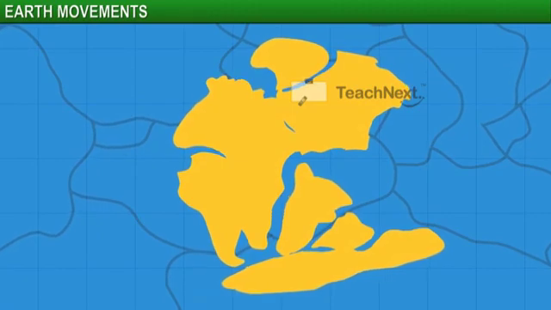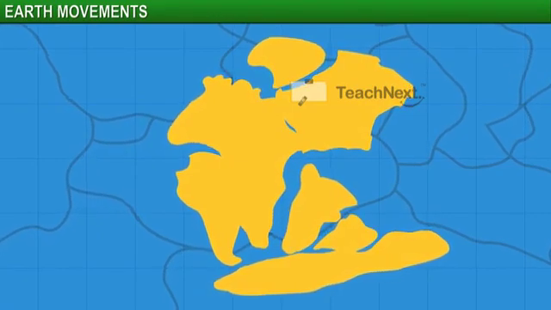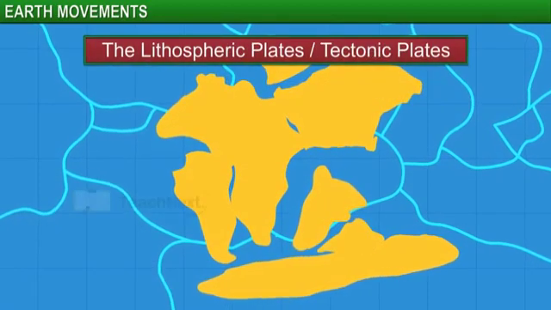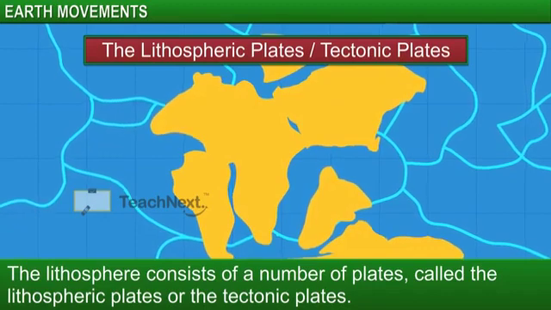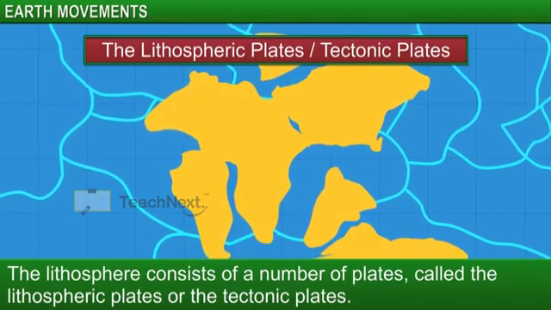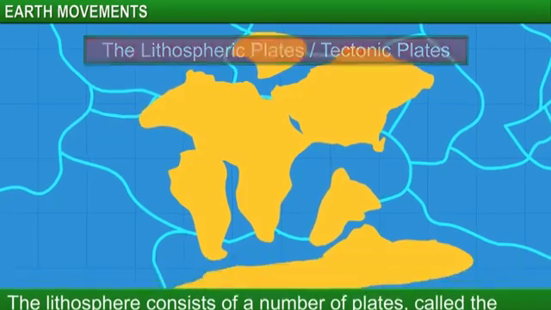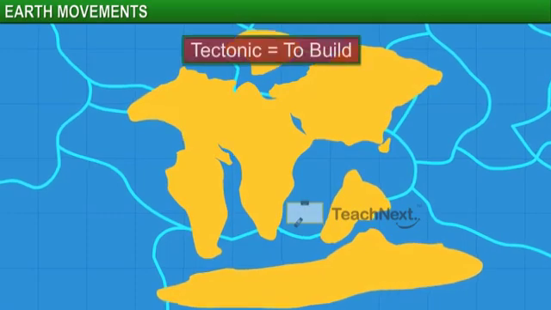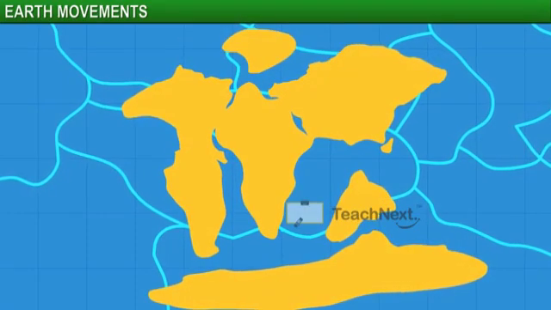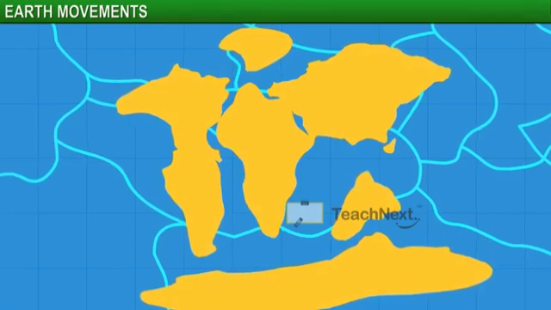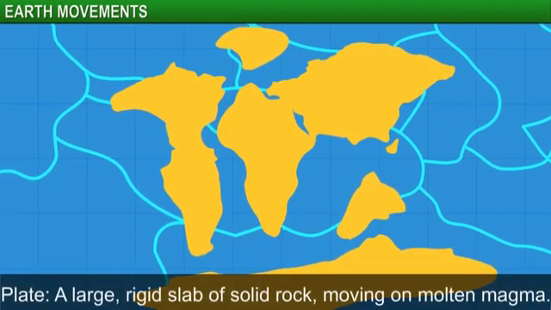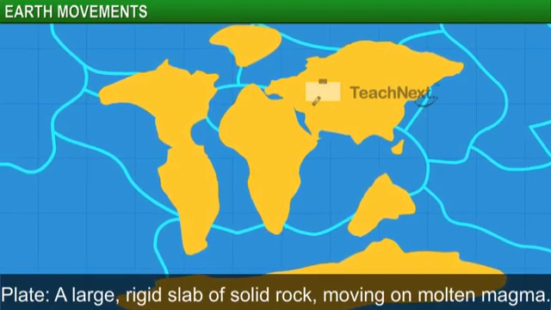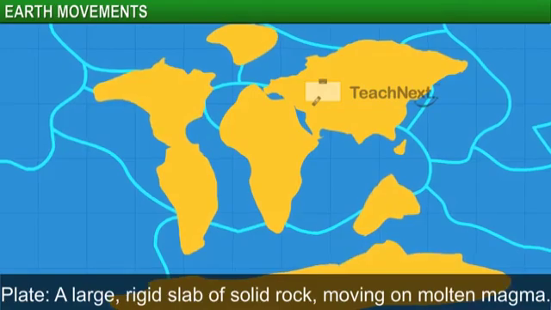The lithosphere consists of a number of plates called the lithospheric plates or the tectonic plates. The word tectonics comes from the Greek root to build. A plate, in geological terms, is a large, rigid slab of solid rock moving on molten magma on the Earth's surface.